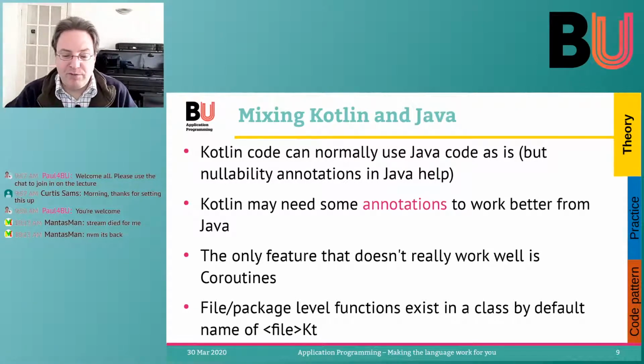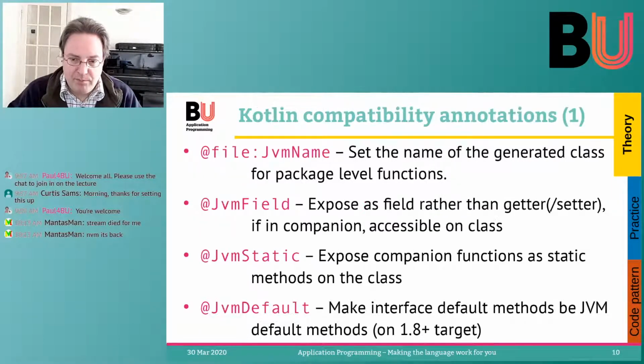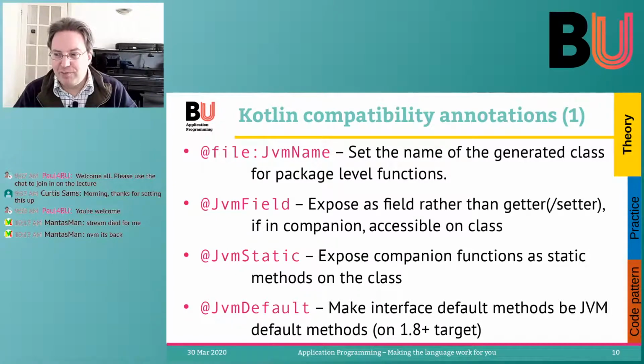There's a number of different things. You can also actually merge the functions from multiple different files into the same class if you want to. I don't cover that here. But if you want that class to have a different name, for example, we want to do the Kotlin version of Java util Math, that is just a class that has a lot of helper functions to do all these math operations.